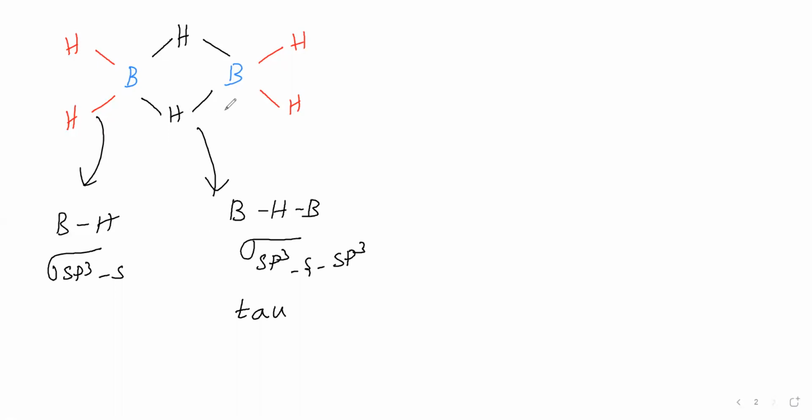That we will see. In the geometry of this molecule, in diborane, this BH2 group and this BH2 group are in the same plane. So this diborane contains two BH2 groups. They are coplanar.